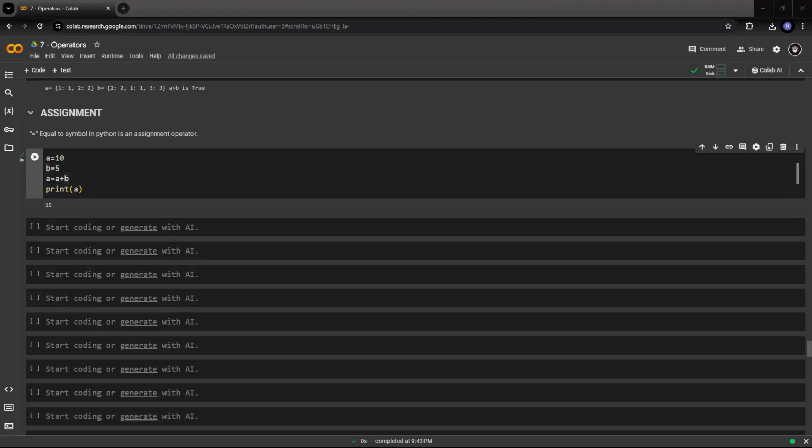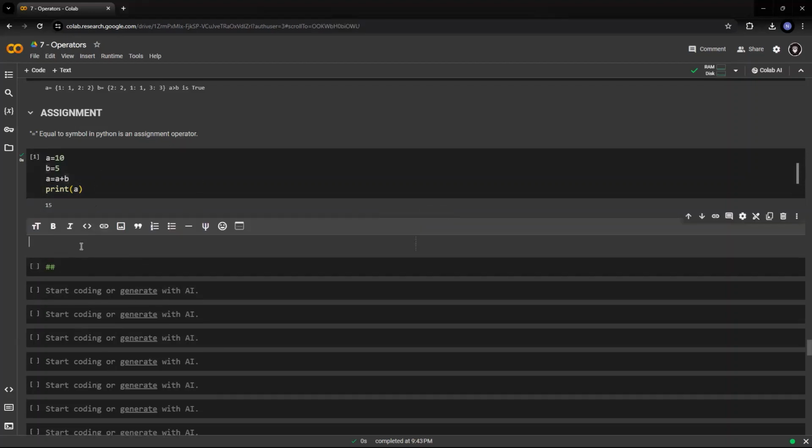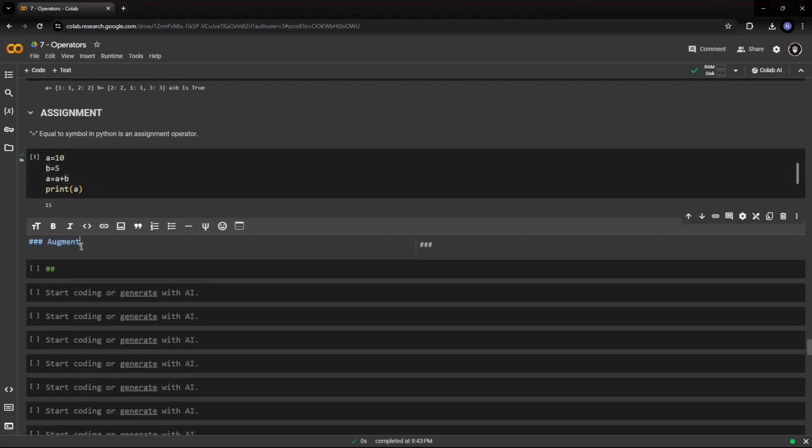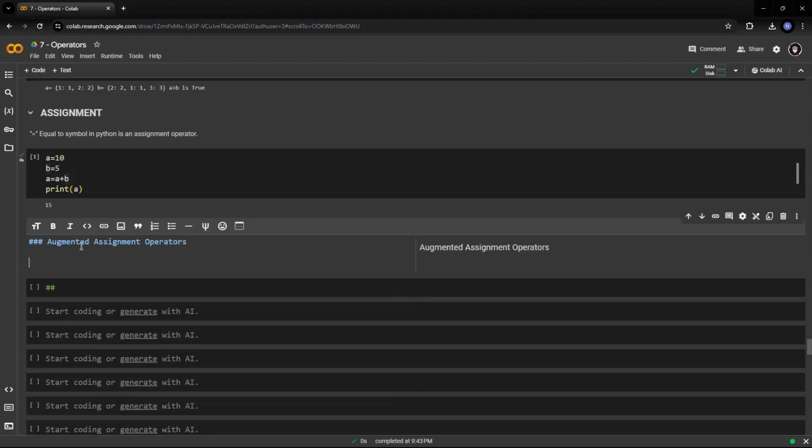Now in Python, we can have augmented assignment operators as well. This is a new context for you, augmented assignment operators. Now, what is an augmented assignment operator?